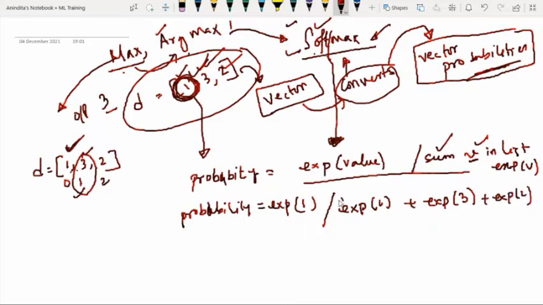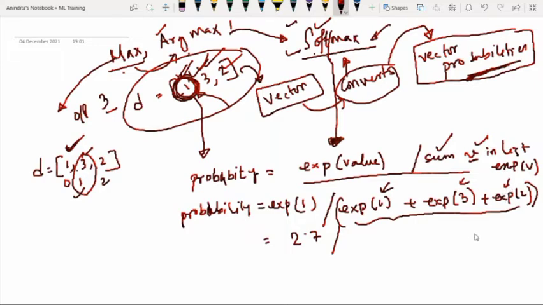By calculating this, we will be able to find the converted probability form of this number. The exponential of 1, if you calculate, is near about 2.7. So you just go and calculate the exponential of 1, the exponential of 3, and the exponential of 2; I have calculated it previously.